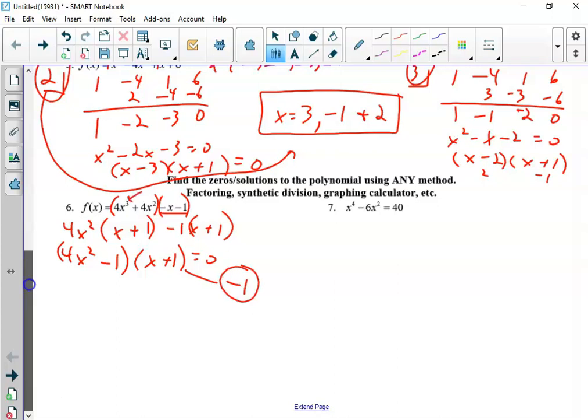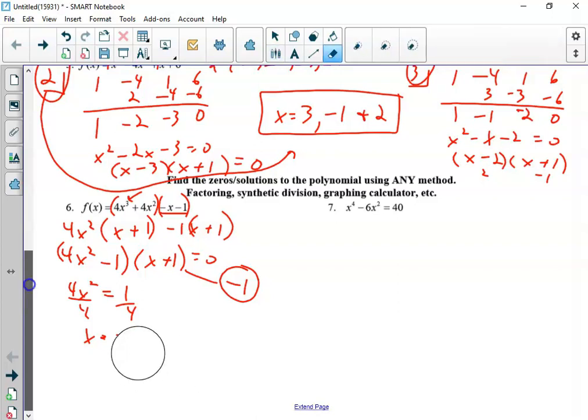I'm looking for 3. So 4x squared minus 1 equals 0. Divide by 4. X squared equals 1/4. I'm going to rewrite. That's sloppy even for me. Take the square root of both sides. And I get x equals plus or minus 1/2.